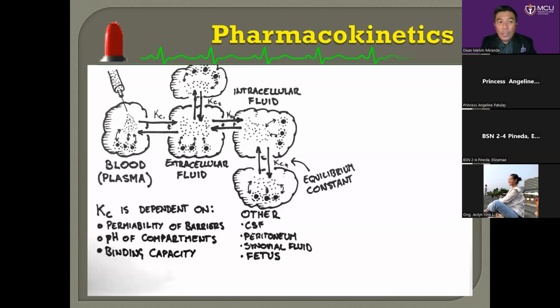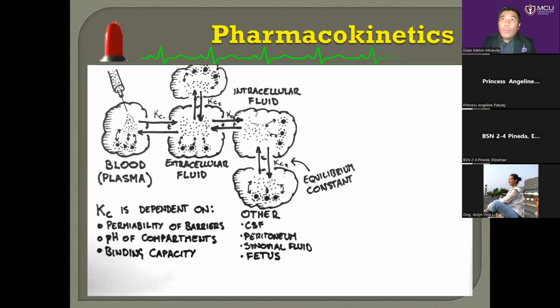So eventually, if the drug enters from the plasma already, di ba yun yung sabi natin, across the tissues until it reaches the systemic circulation kasi nasa plasma na siya. So pag nasa plasma na siya, i-distribute na siya doon sa appropriate or target organ, pa-follow through na yan doon sa cell, from the cell to the target organ through the fluids that are eventually very supportive para mag-take effect doon sa target organ.